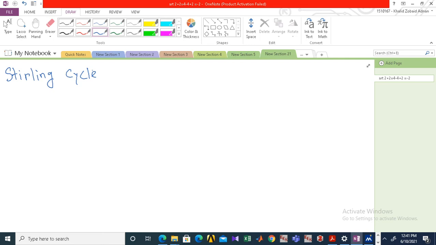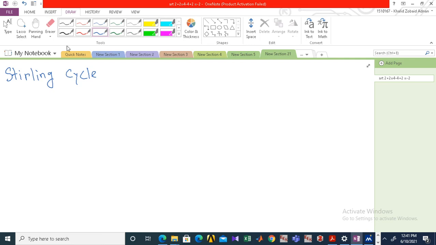Okay, so all these cycles are not practical; rather, they are used to model the cycles in an easier form, so that we can calculate the efficiency and all that.